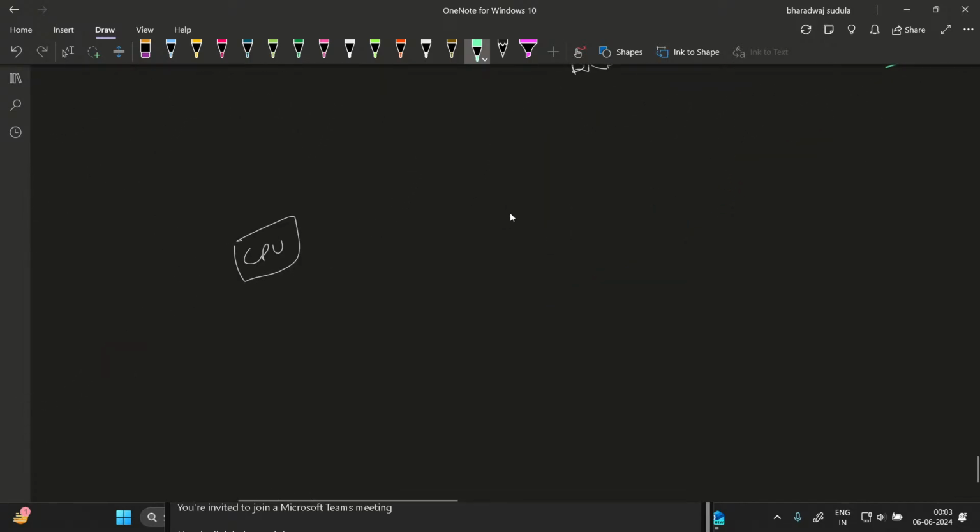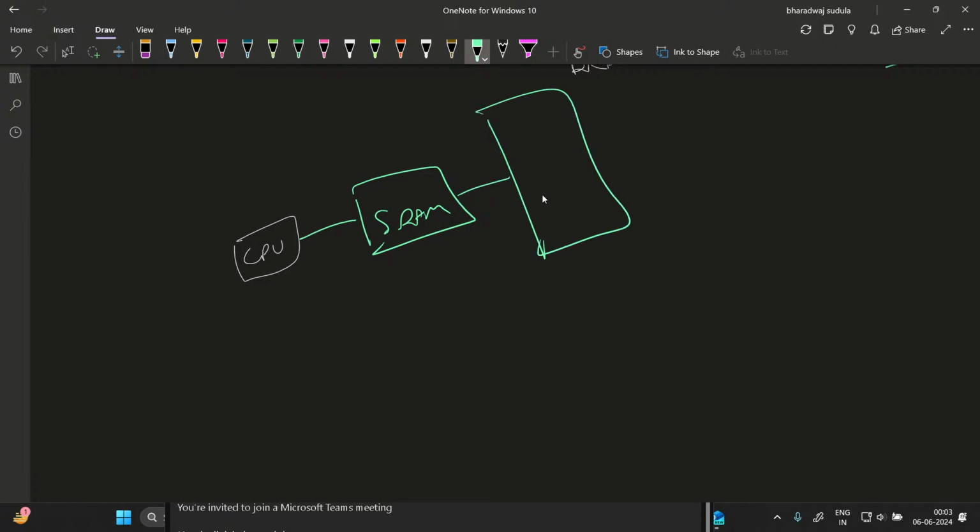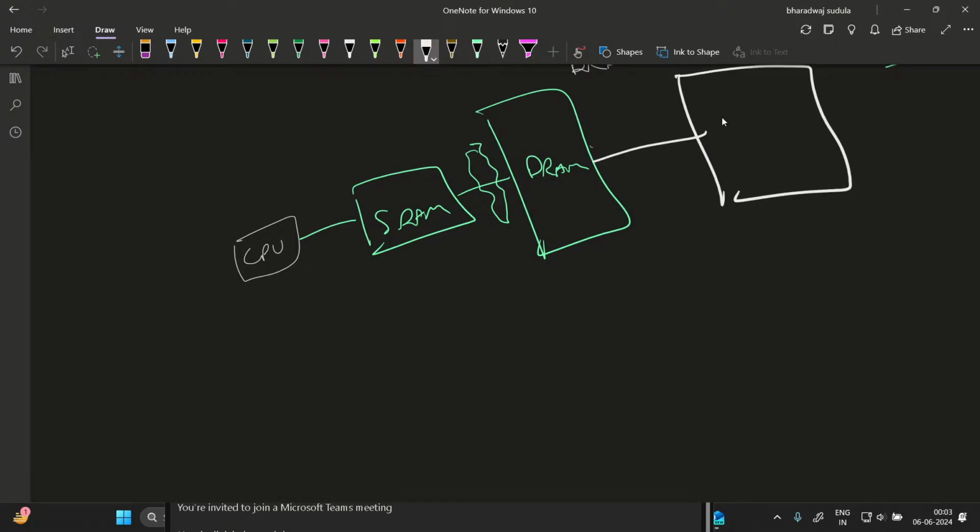So what happens is the CPU is connected to SRAM, and SRAM is connected to DRAM. This is actually an external thing. There will be some interface, and this is connected to the hard disk, your secondary storage, HDD, SSD, whatever.